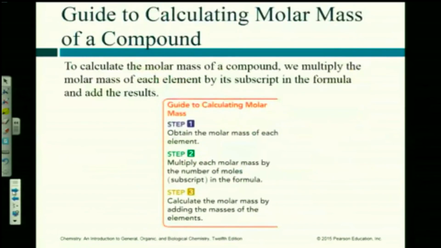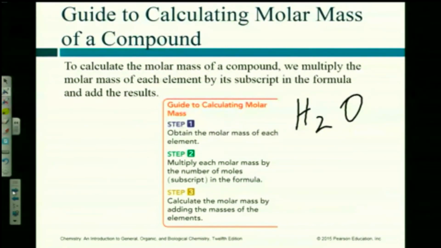To calculate the molar mass for a compound or a formula unit, what do we have to do? We have to add all the masses of all the atoms in there together. Let's do an easy one first. Let's do water. What's the molar mass for water?